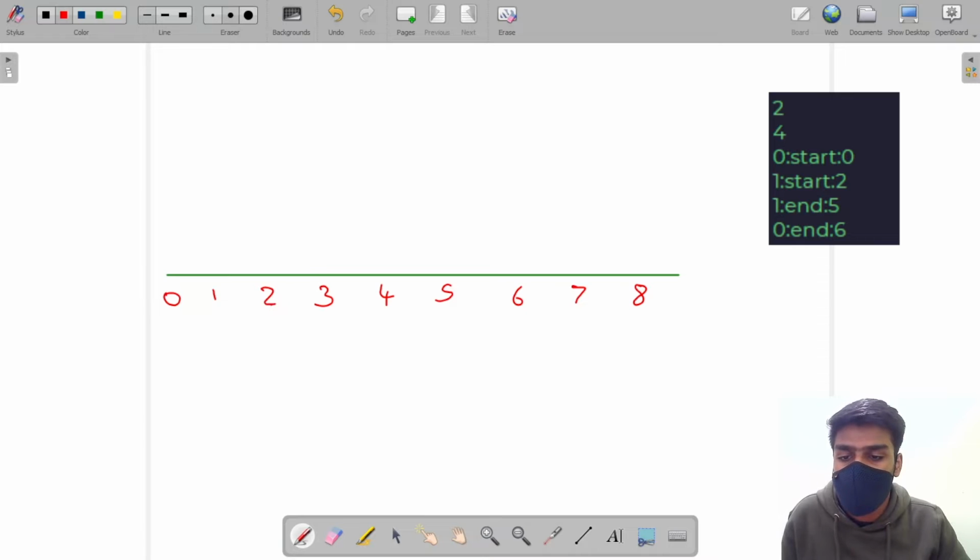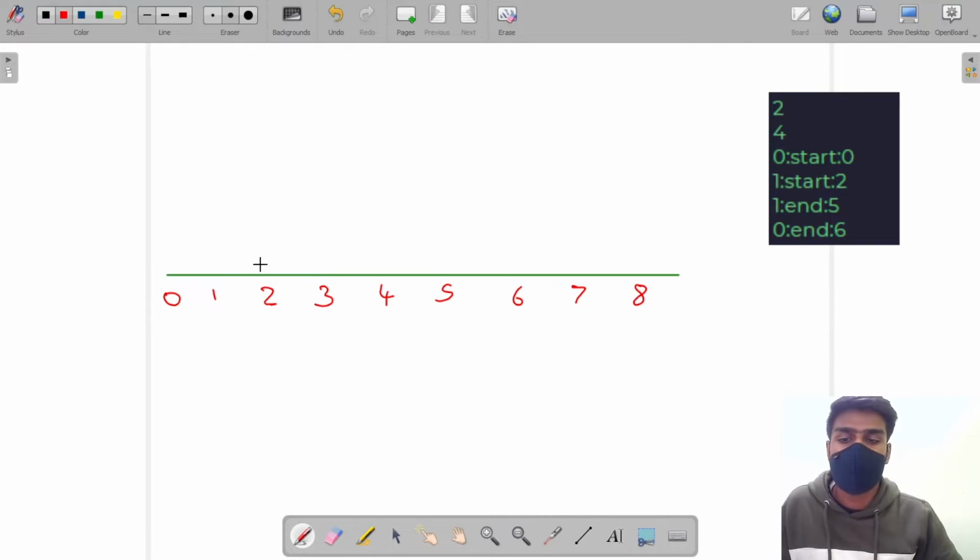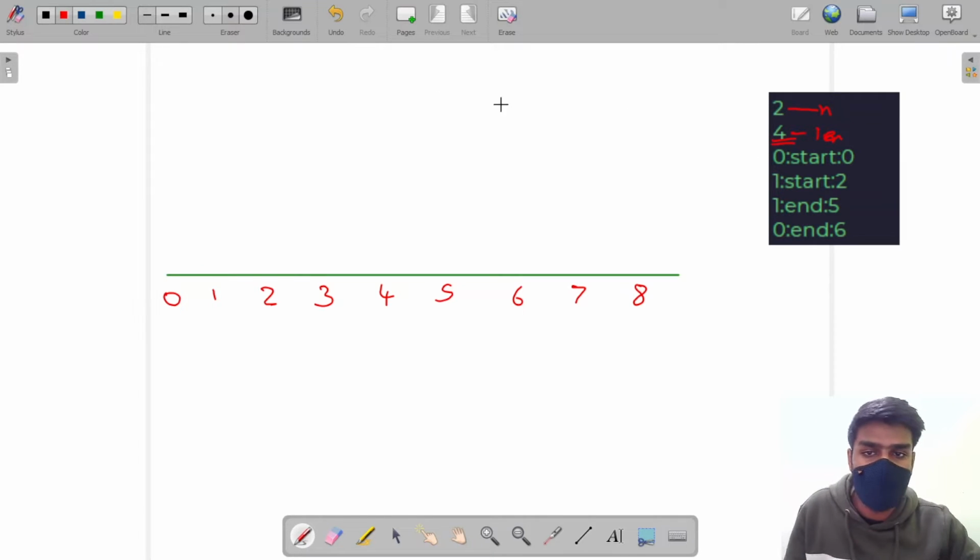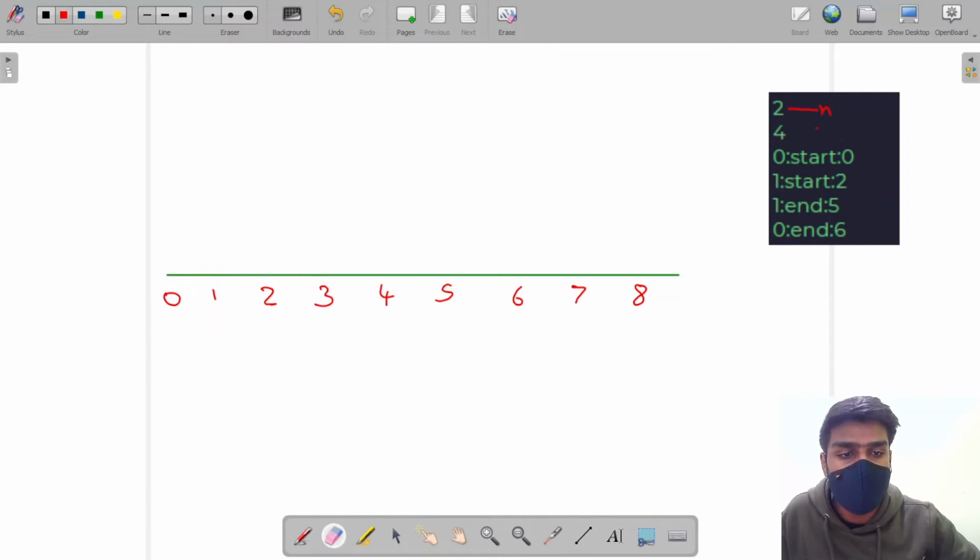I have given input as 2, and what are logs? These are logs. We can also write it as lengths. We will talk about it afterwards, because after we create functions, then only I can explain it.